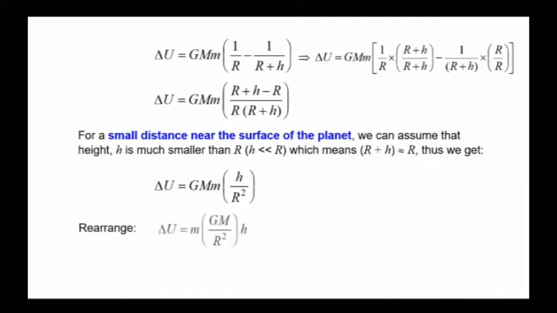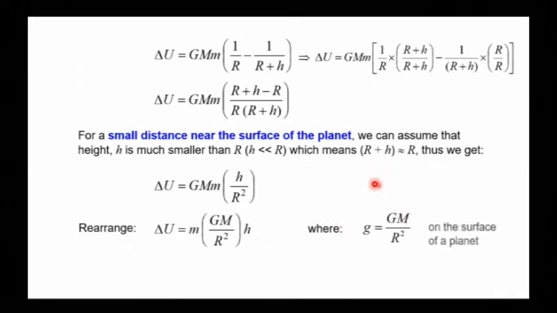Then, we rearrange the equation and substitute with the equation of gravitational field strength near the surface of the planet. Finally, we obtain the equation for the change of gravitational potential energy near the surface of a planet.